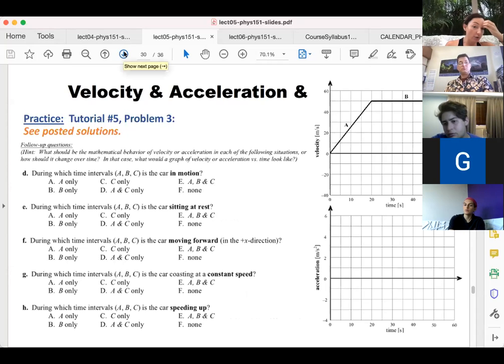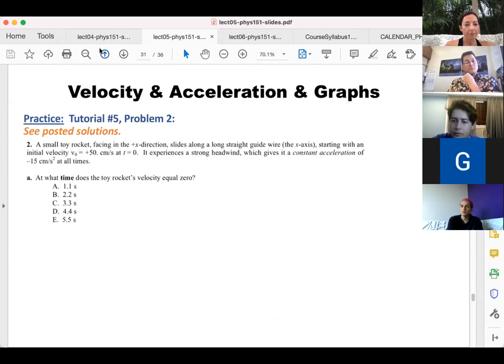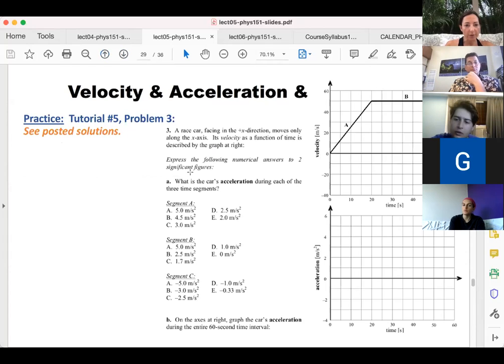Wait a second. So what is the car's acceleration during each of the time segments? We see here there are all the numerical values.